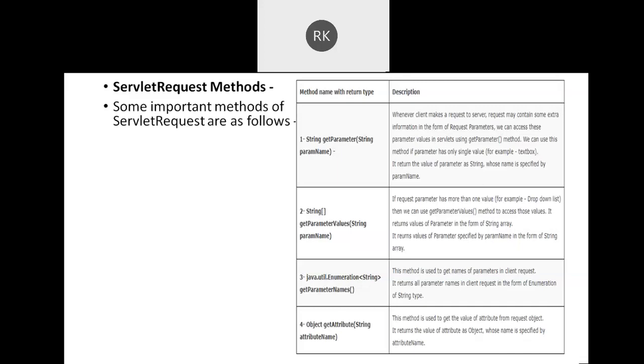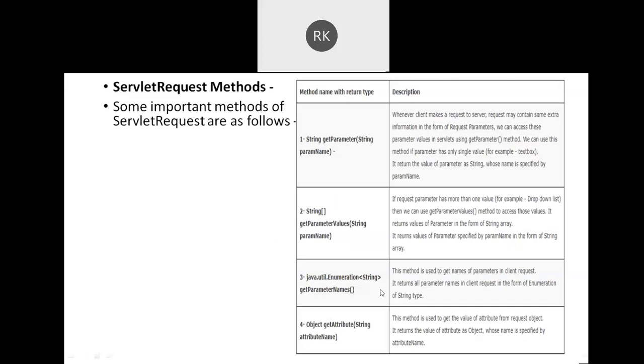So if you want to get the values, the method name is getParameterValues, and it will return you the array of those values. We'll see that. Next, we have getParameterNames. In place of values, you are interested in the names, what actually the names of the parameters are.